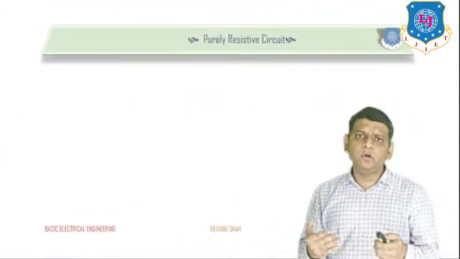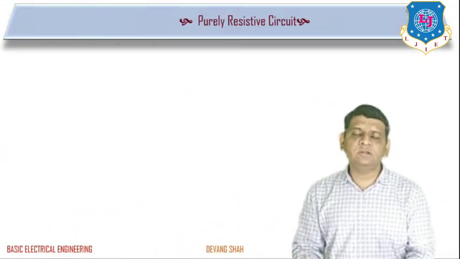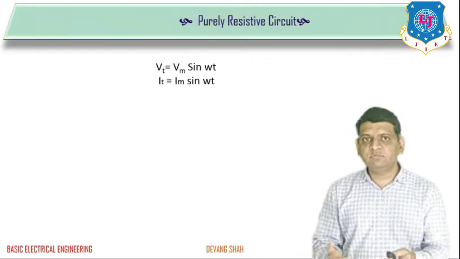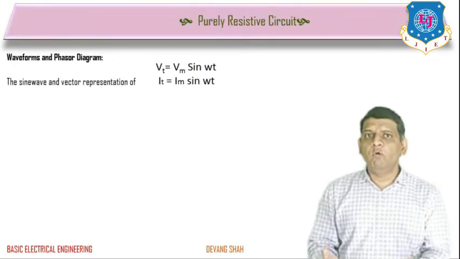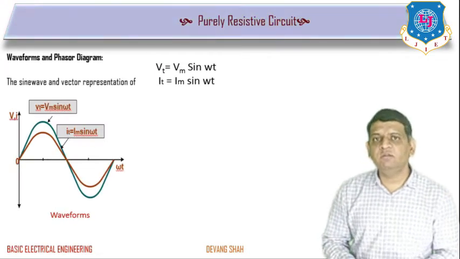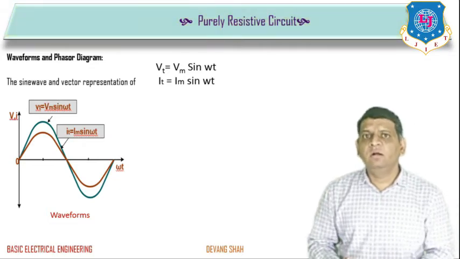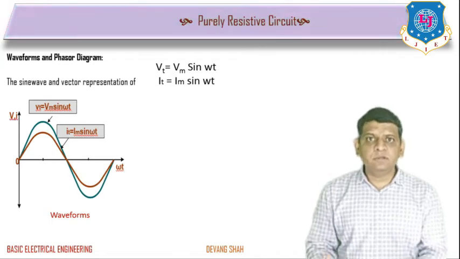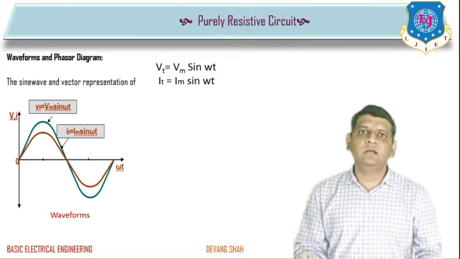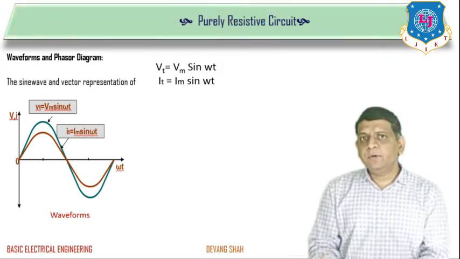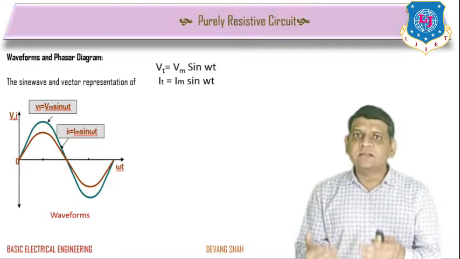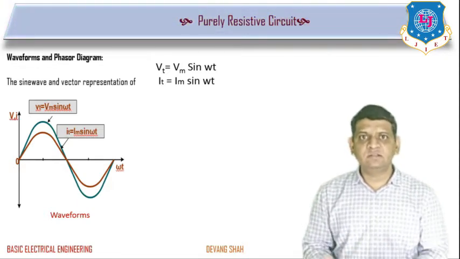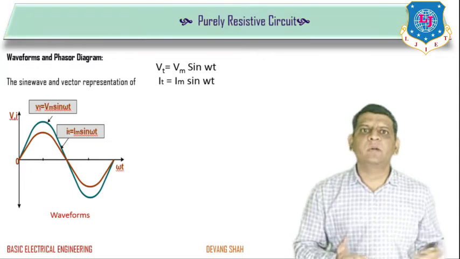Now let us discuss point number two, where we have to draw the phasor diagram and waveform. Let's first discuss the waveform. In the waveform, the x-axis represents ωt and the y-axis represents the amplitude of voltage and current, showing the maximum values Vm and Im respectively.